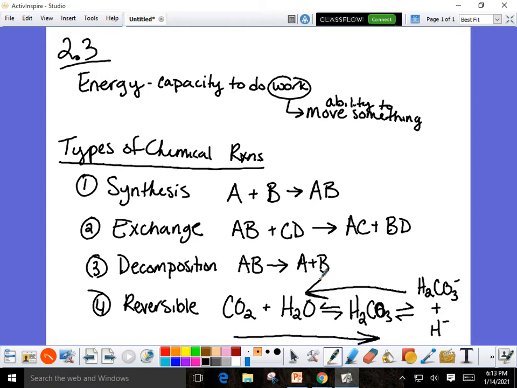Okay, now the fifth one, and this is the big one, what we refer to as metabolic reactions. And there are two types of metabolic reactions.